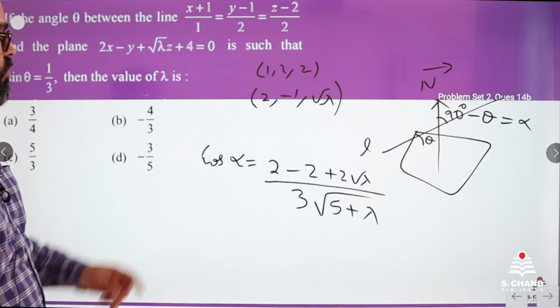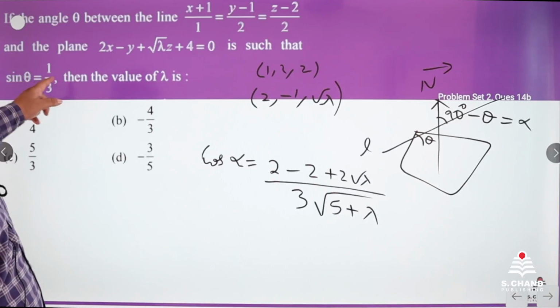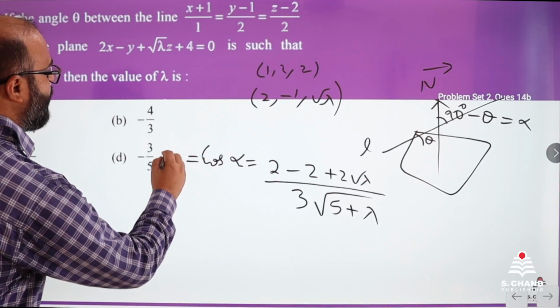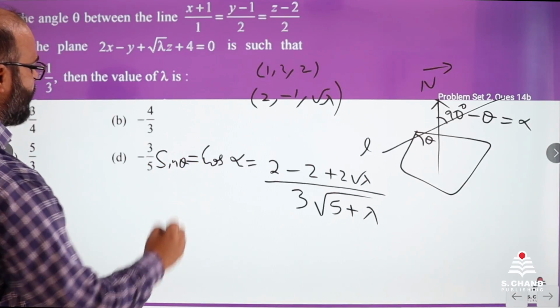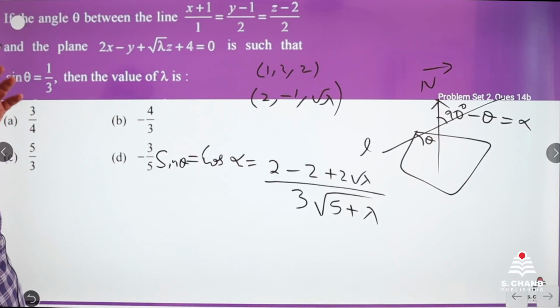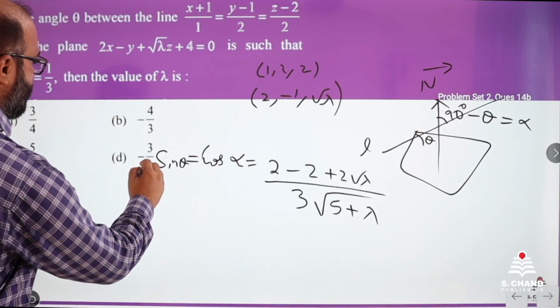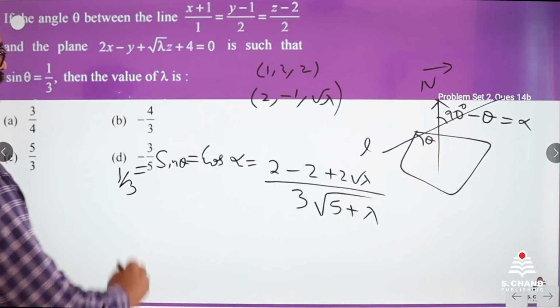So this is cos alpha, whereas cos alpha is equal to sin theta, because alpha is 90 degree minus theta. So we can say sin theta is 1 by 3. So this is 1 by 3.